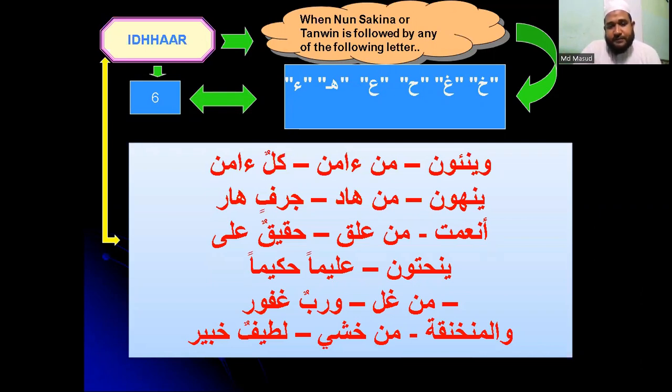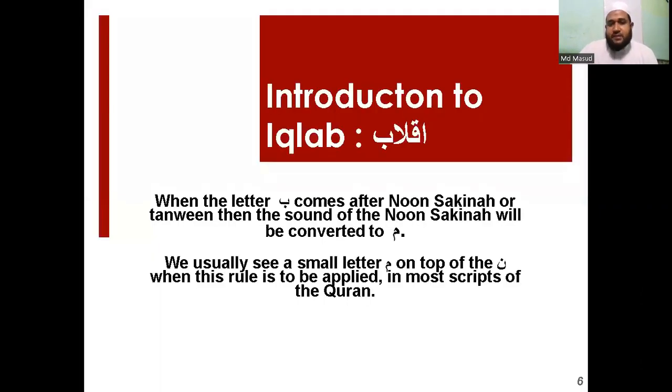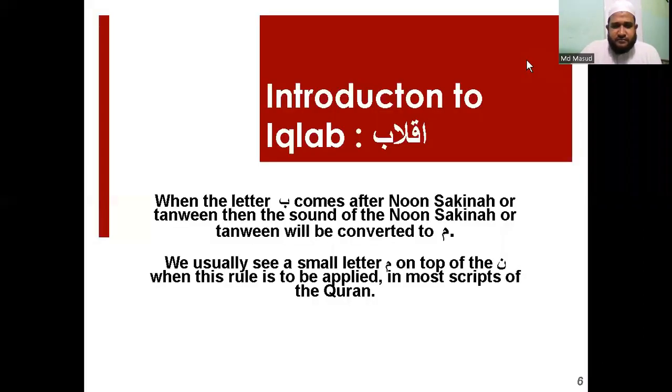Now the next type. The next type is Iqlab. So Iqlab takes place when the letter Ba comes after Noon Sakin or Tanween. The sound of Noon Sakin or Tanween will be converted to Mim.